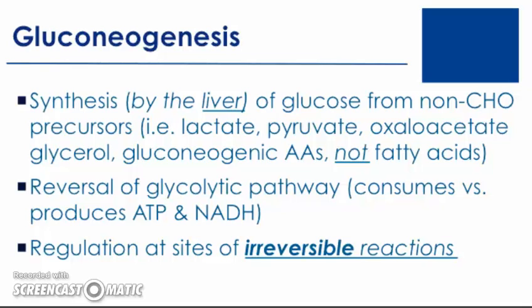Like with glycogenesis and glycogenolysis, it will be important to discuss the metabolic environment promoting gluconeogenesis. Similar to glycogenolysis, gluconeogenesis allows for mobilization of glucose to the blood when blood glucose drops in a fasted state.